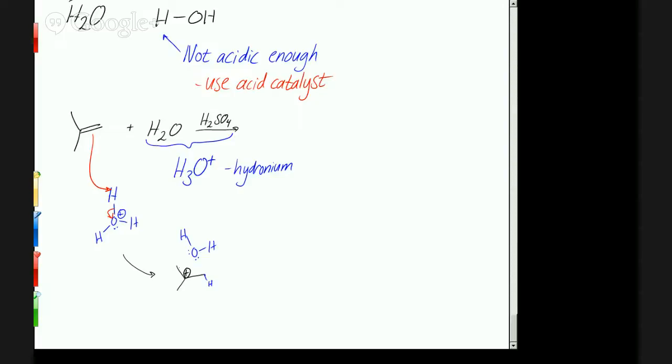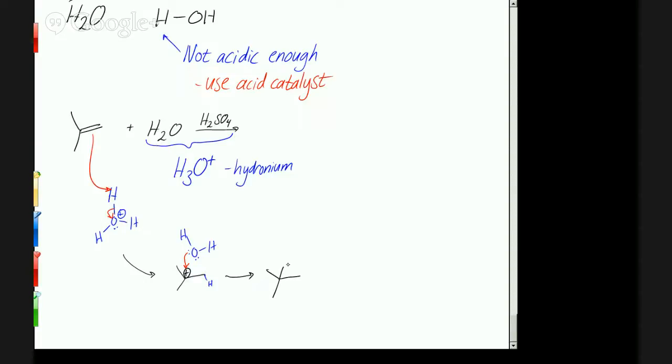Remember that it's polar and that it's more electronegative and all that stuff. So that's the negative thing that will go to connect to the carbocation. So really it's the same mechanism as before. You know, the double bond grabs a hydrogen, and then what's left over comes in and attacks. It's just that what's left over is now neutral instead of negative.